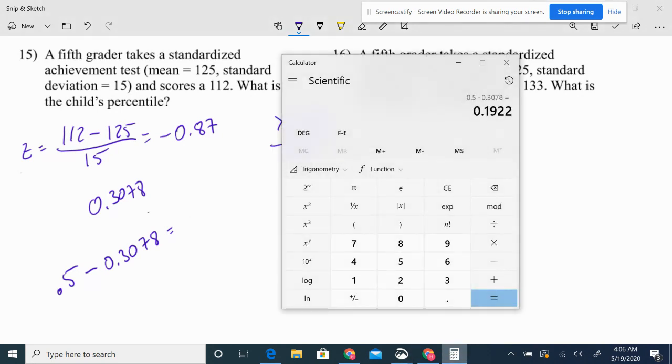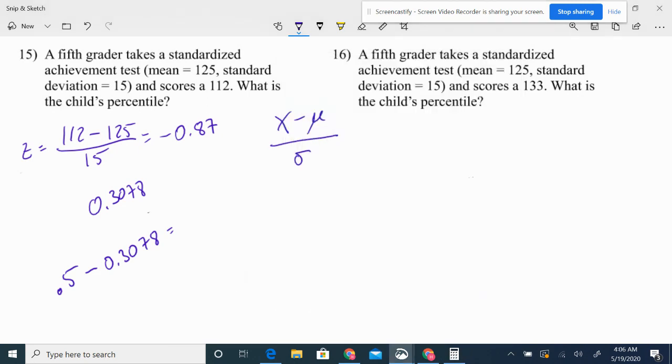Percentage-wise, I'm going to move my decimal twice to the right: 19.22%.